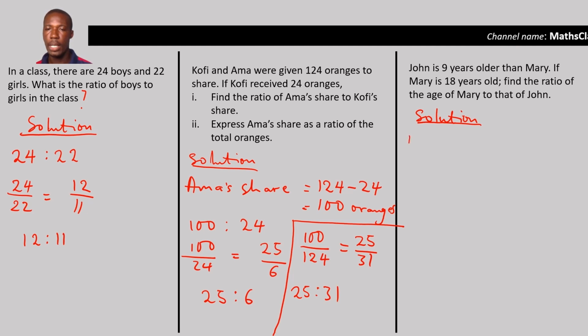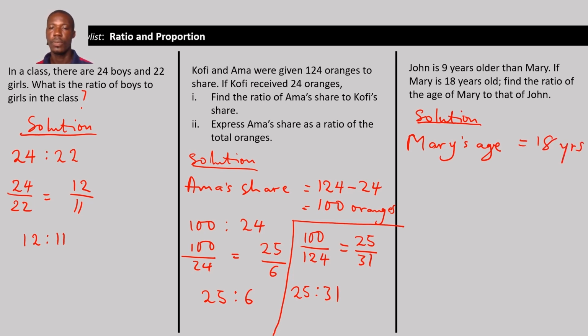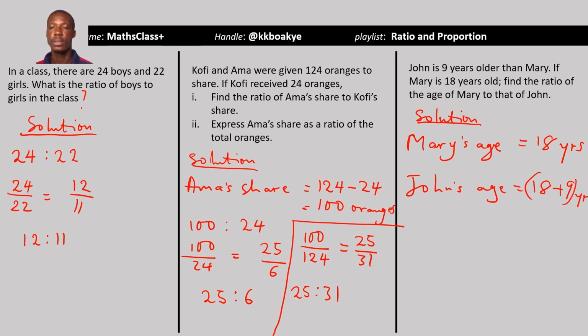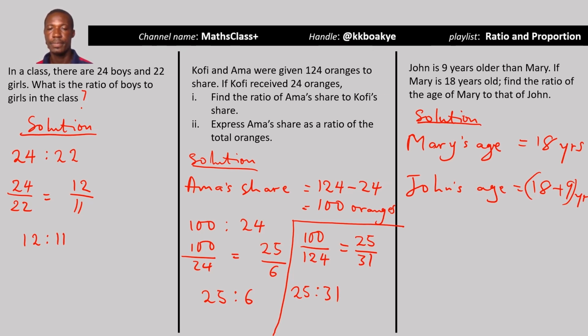And so Mary's age is 18 years. And so John's age will be 18 plus 9 years. So that is according to the information given.